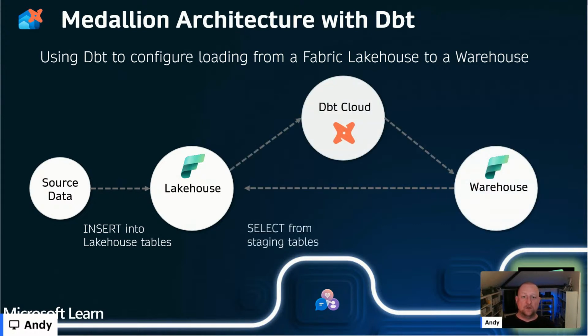I'm loading it into a warehouse. DBT can do that for me. Now I've put cloud there, but that could be core as well, running on my local machine. And within DBT, I'm going to be selecting data from that lakehouse, and I'm going to be transforming that data. And ultimately, DBT will be responsible for running that on the Fabric Warehouse and creating and populating tables.